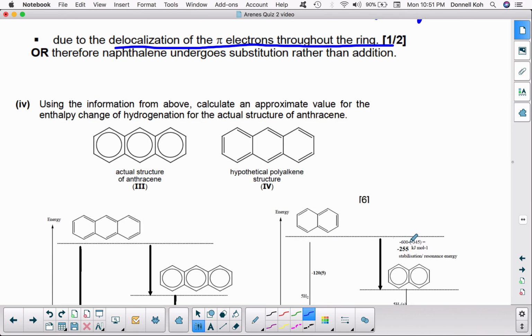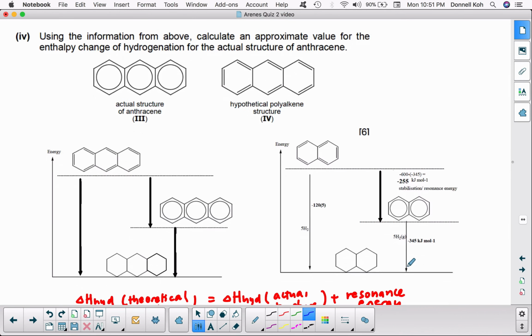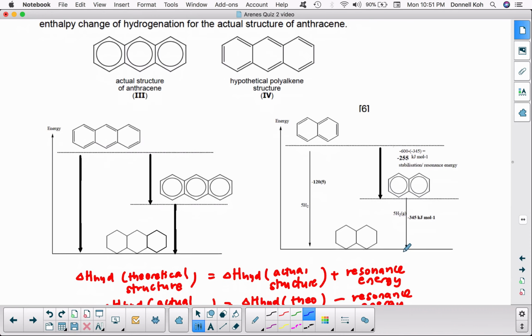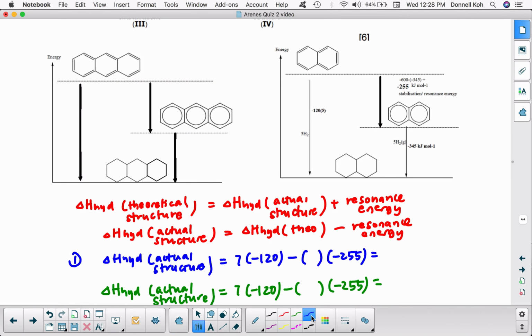Okay, let's now do part 4. They say calculate the approximate value for the enthalpy change of hydrogenation of the actual structure of anthracene. So let's put in the value. So we are actually trying to find out the enthalpy of hydrogenation of the actual structure. Firstly, this is the enthalpy of hydrogenation of the theoretical structure.